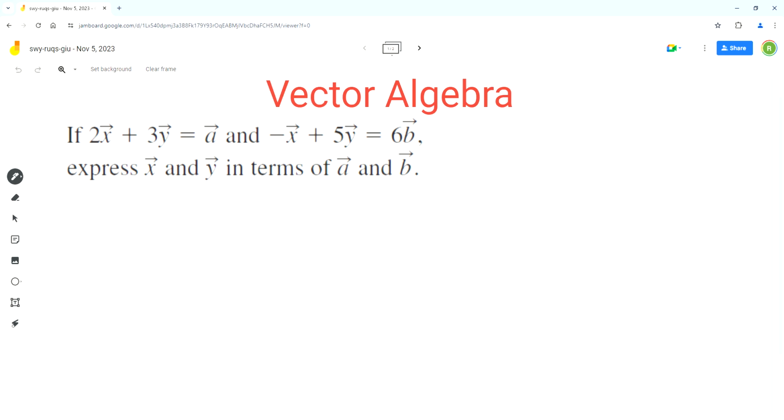So let's start by writing these two given equations. So we have to analyze these two equations as a linear system of vectors.